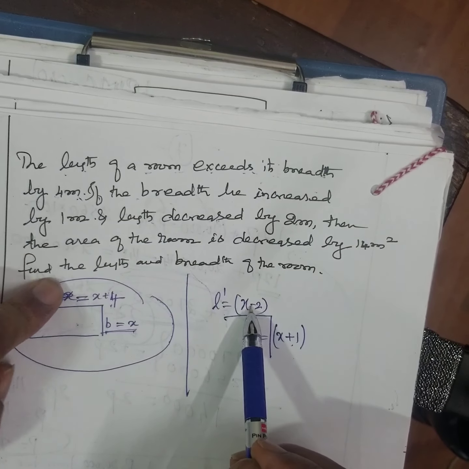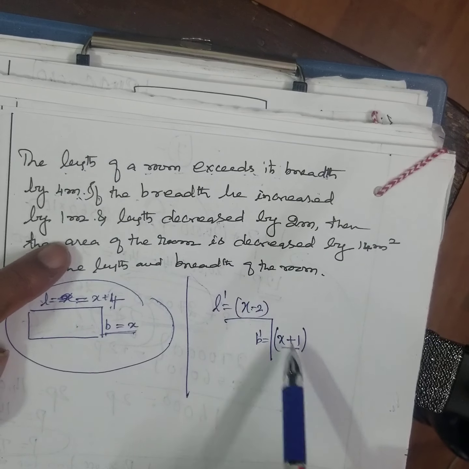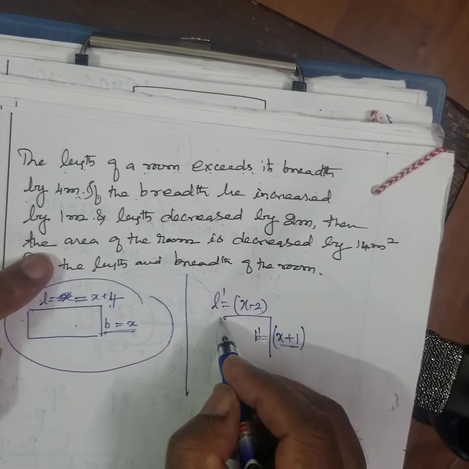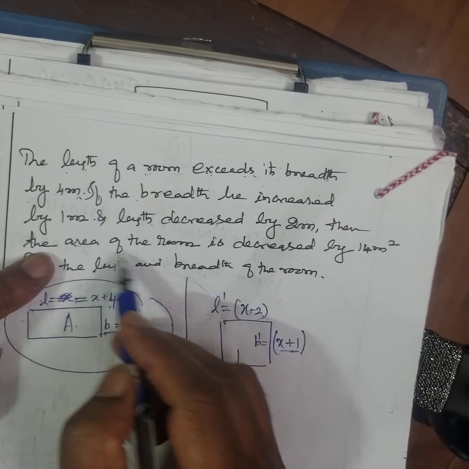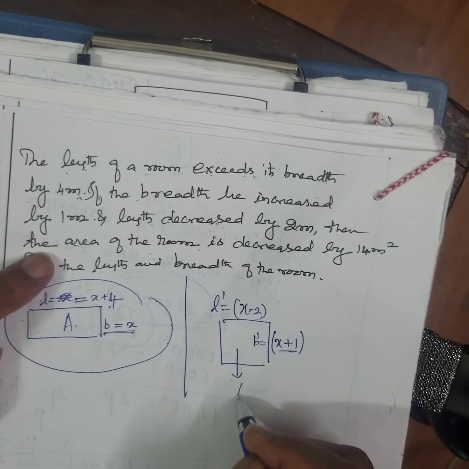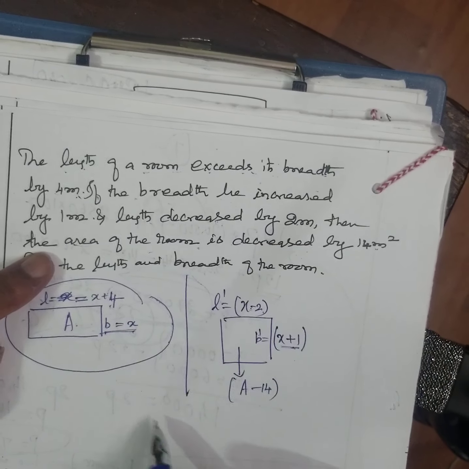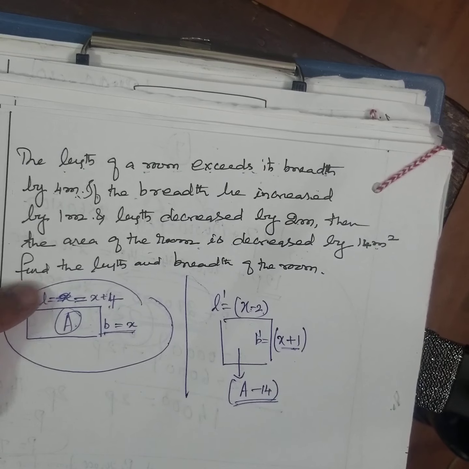If the breadth increases by 1 meter, then the length decreases by 2 meters, then the area of the room, the original area, decreases by 14 meter square. This is the original area, this is the new area. Find the length and breadth.